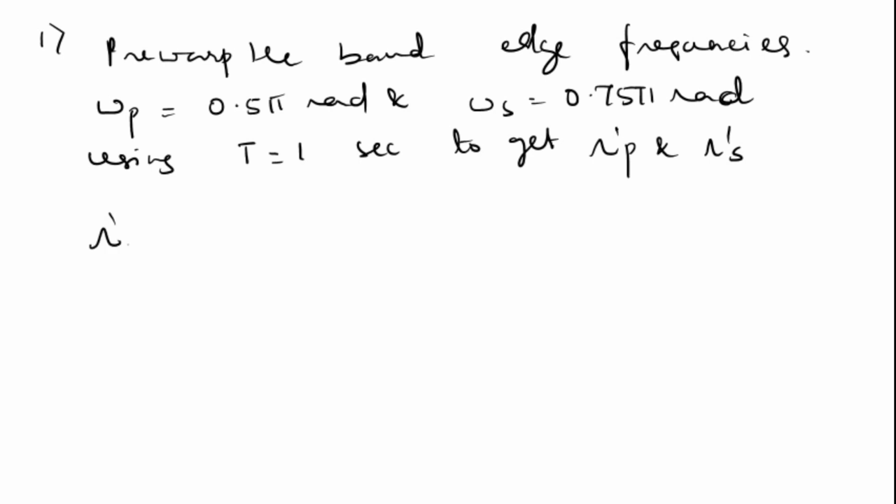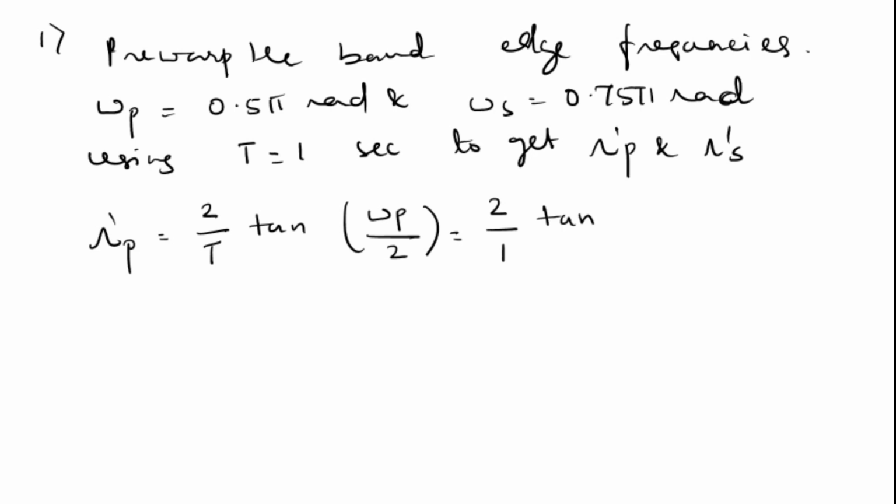That is, omega dash p is equal to 2 by T into tan of omega p by 2. By taking T equal to 1 second, we get 2 by 1 into tan of 0.5 pi divided by 2, which is equal to 2 radian per second.